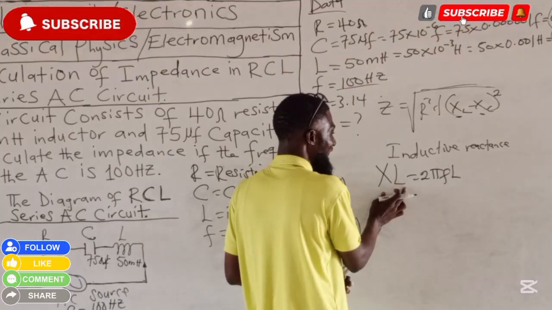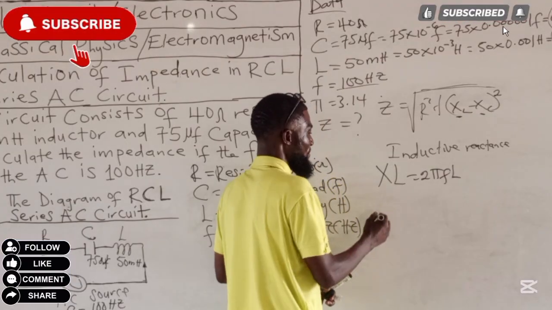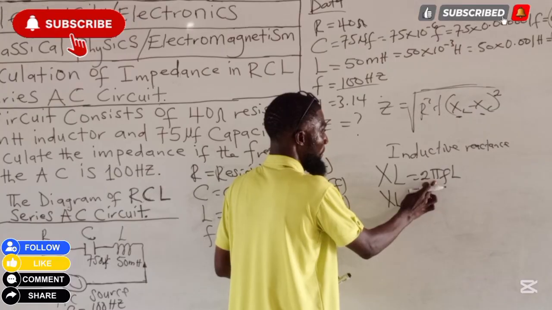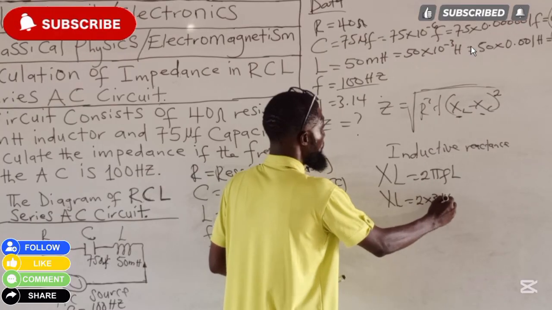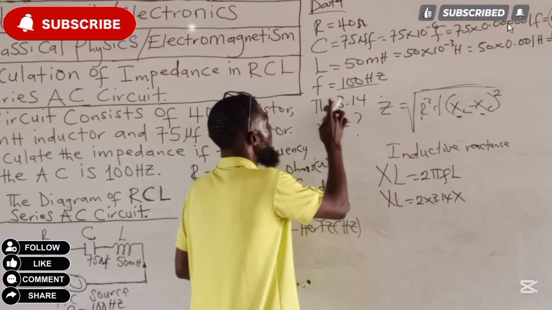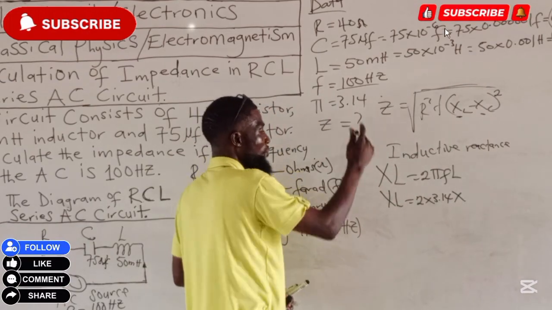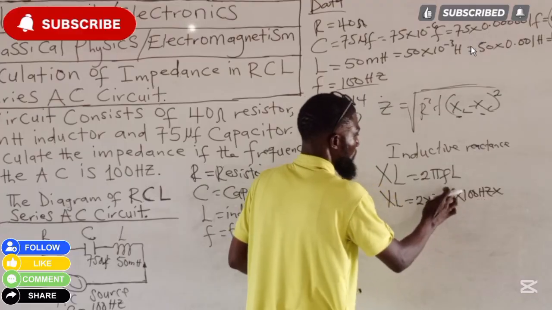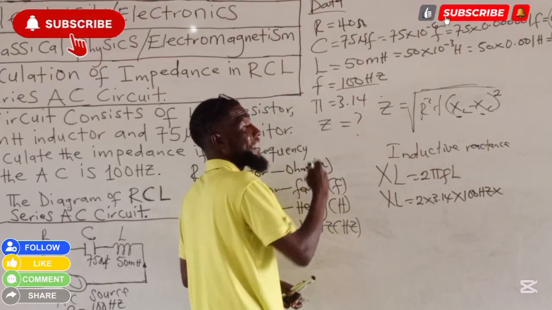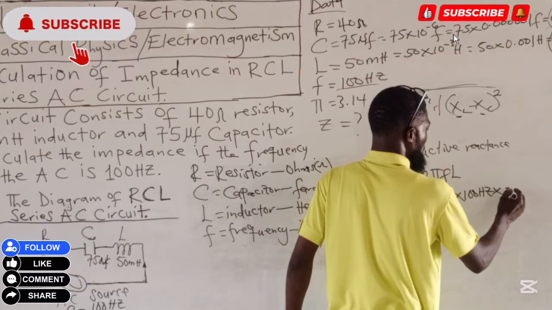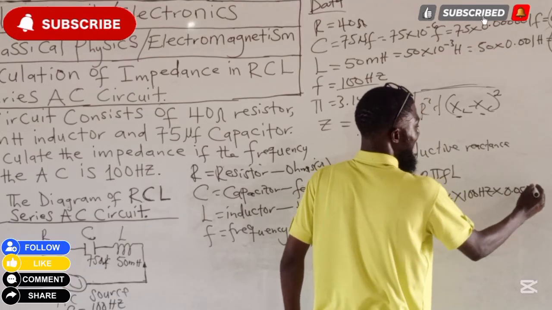So XL will be equal to 2 times pi, which is 3.14, times F, the frequency, which is 100 Hz, times the inductance, which here is 0.05 henry.